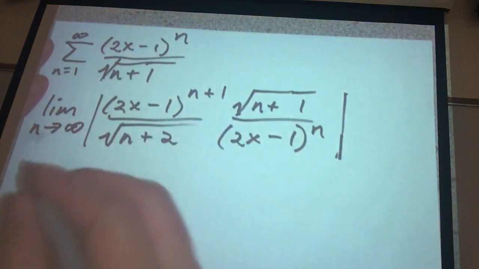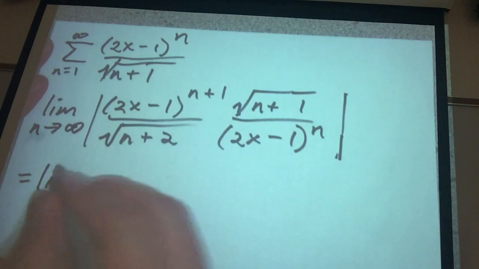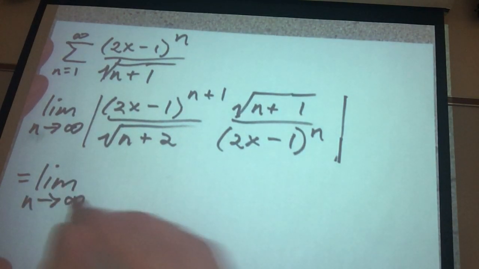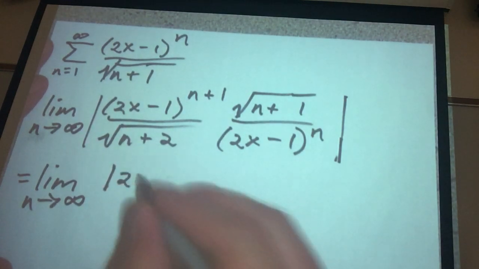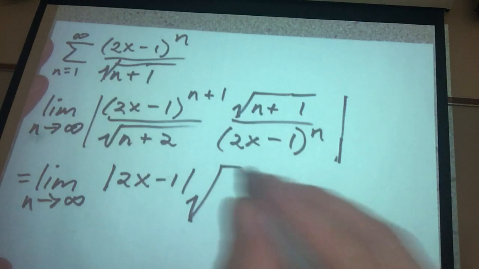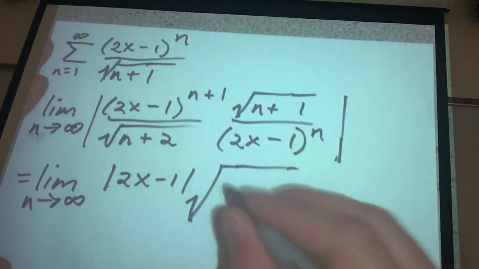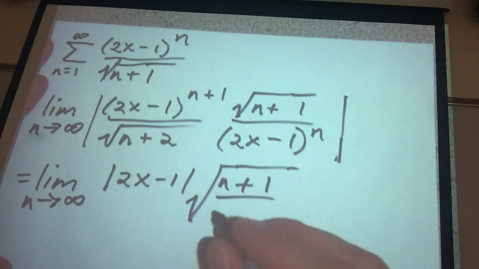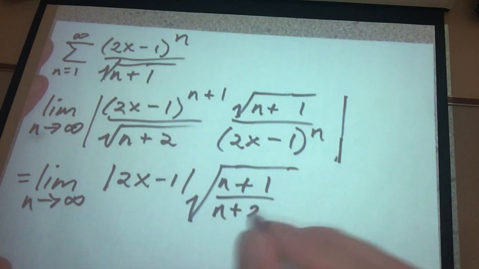I would manipulate the problem in this way. The limit as n tends towards infinity of the absolute value of 2x minus 1, and we can put both of those under a square root sign: n plus 1 divided by n plus 2.